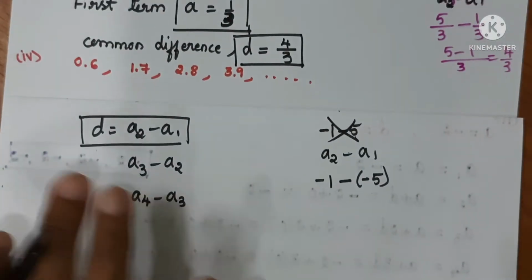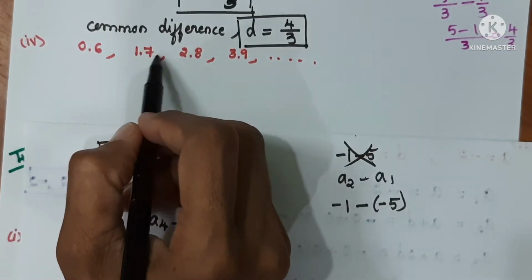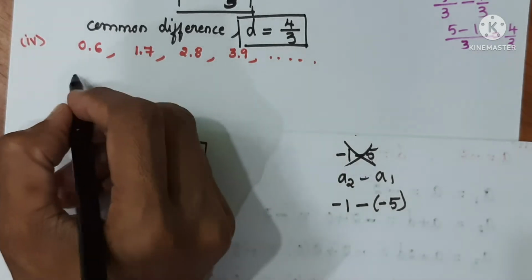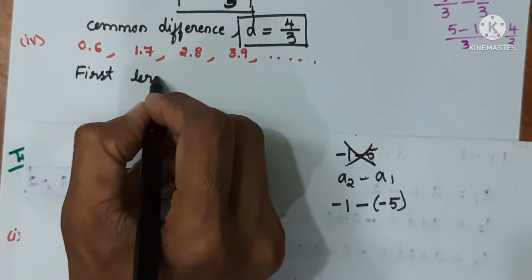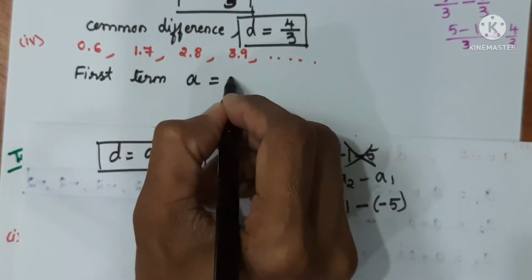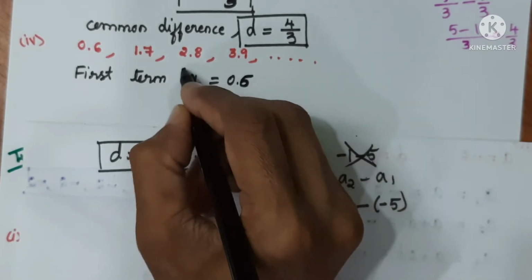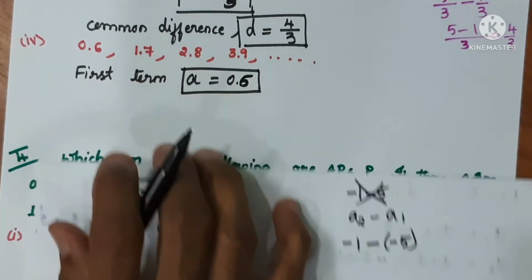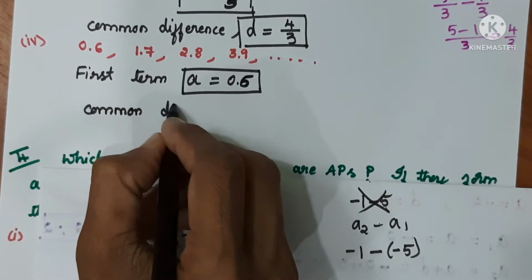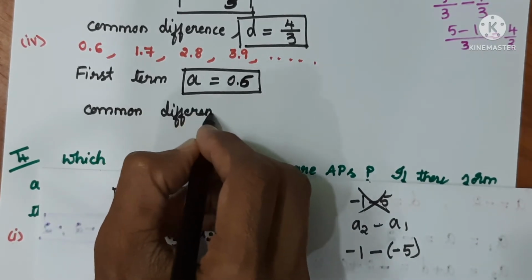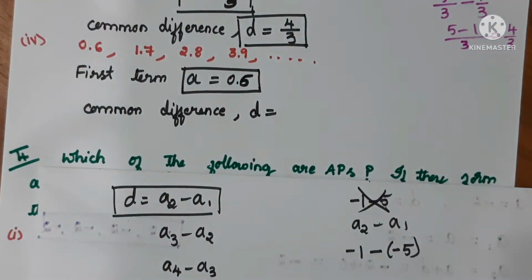Now let us see the fourth question. The fourth arithmetic progression is 0.6, 1.7, 2.8, 3.9. Here also the first term A is equal to 0.6. Now the common difference D equal to, we have to subtract A2 and A1.